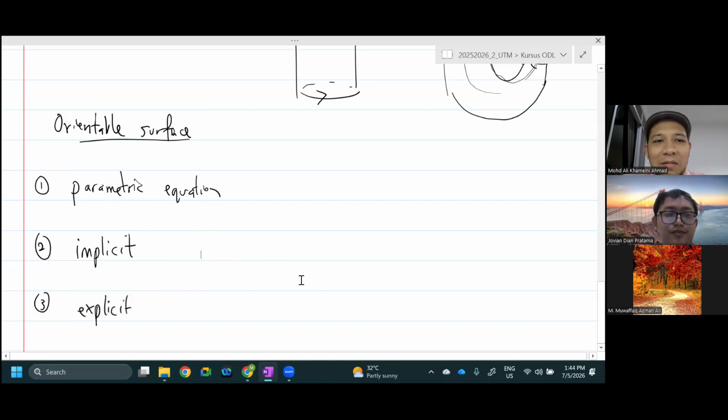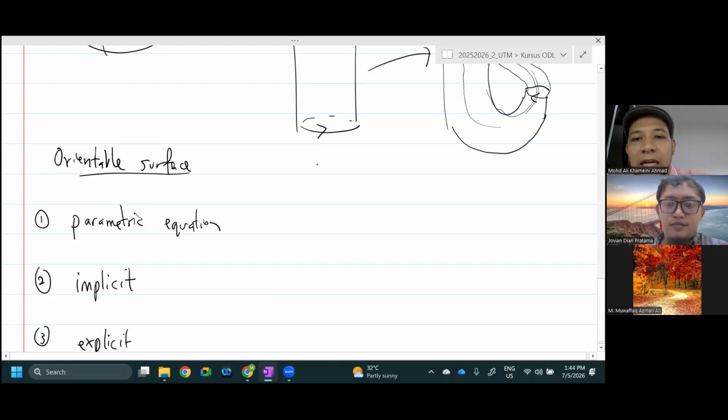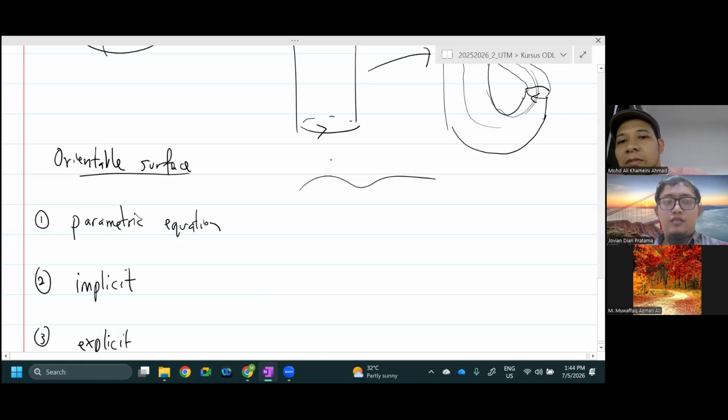Baik. So now let me just explain one by one about this representation of surface. So how you can represent a surface using parametric equation. If you know a line can be represented using one variable, right? Because a line is just a one-dimensional object here. You represent it using time, variable t.